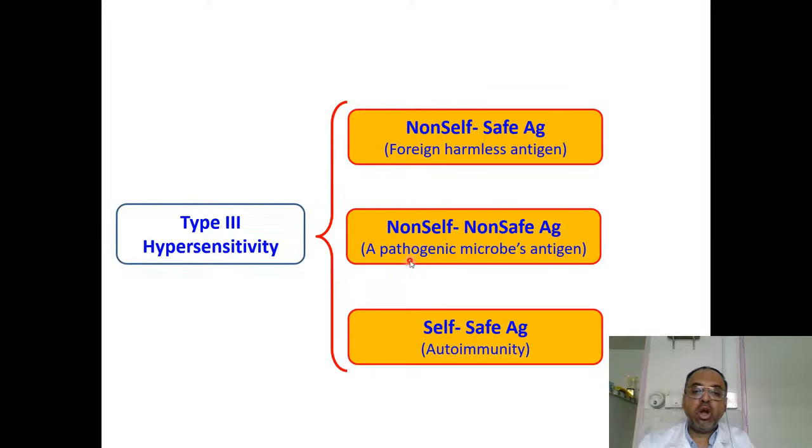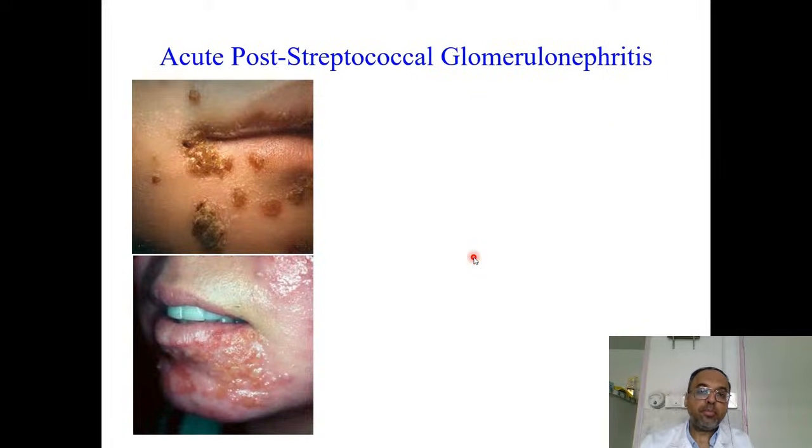Can we have type 3 hypersensitivity against a microbe? Well, again, microbes will require sufficient levels of immune response against them, but if the immune response gets too strong, or if it targets our own tissues, it can qualify as an unwanted, damaging immune response. Can this happen? Well, yes.